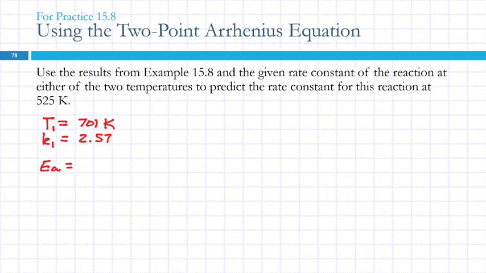It would be better to use the unrounded one, wouldn't it? And that's what I've written on the board, so I'm going to write that one down. 1450.97, and that's joules per mole. Okay, we want to know the rate constant at a temperature of 525.